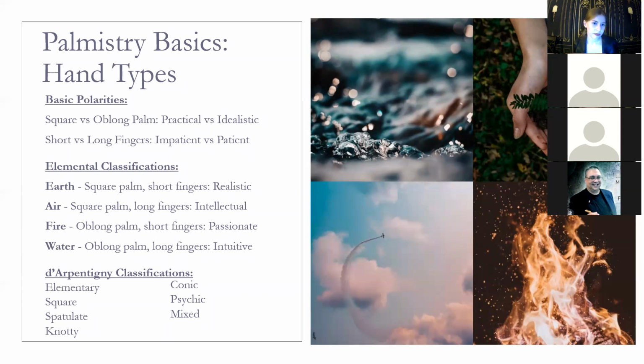So I'm going to go a little bit backwards and then talk about earth, air, and fire hands. And I've got the photo over there of the elements. Yes, measuring does definitely help. So earth, you've got more square palms and shorter fingers.